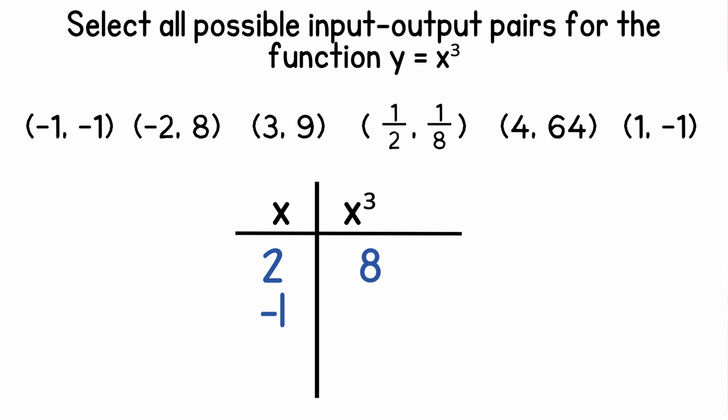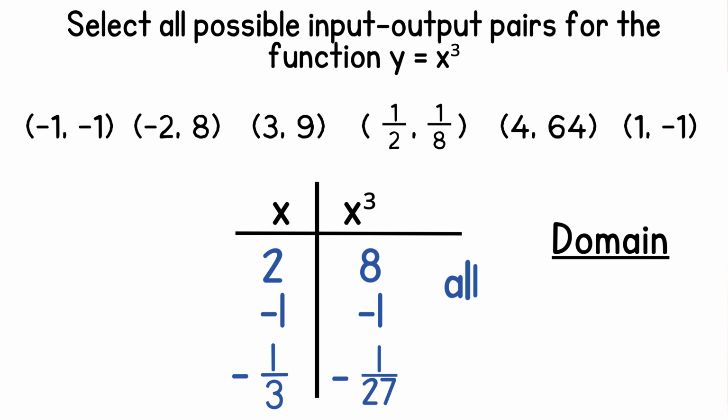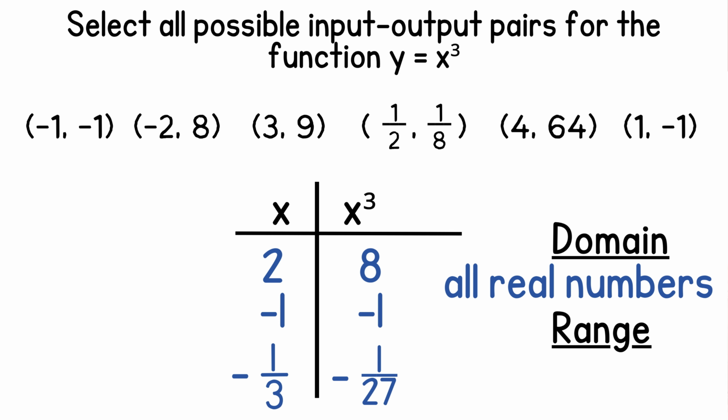If our input is -1 and we cube it, we'll get -1 as the output as well, since -1 times -1 times -1 equals -1. And if our input was -1/3 and we cubed it, we would get an output of -1/27. So our domain is actually going to be all real numbers, because we saw that positive and negative values work and fractions are okay too. And the range will be all real numbers as well.